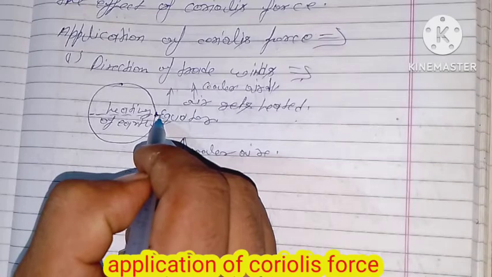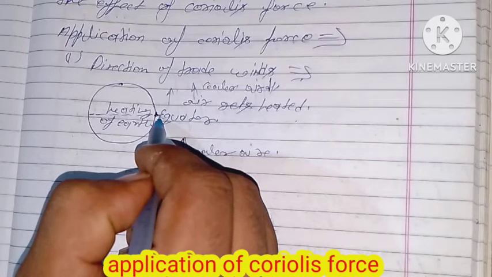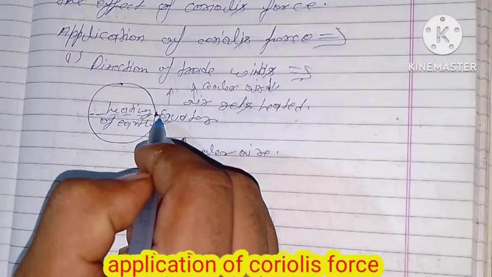In the northern hemisphere, the air does not flow in the north-south direction, but is deflected towards west due to Coriolis force.